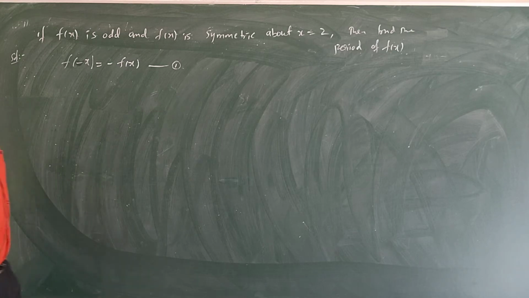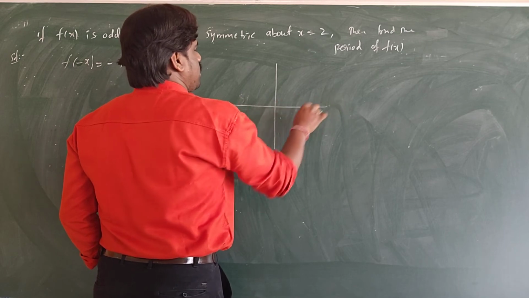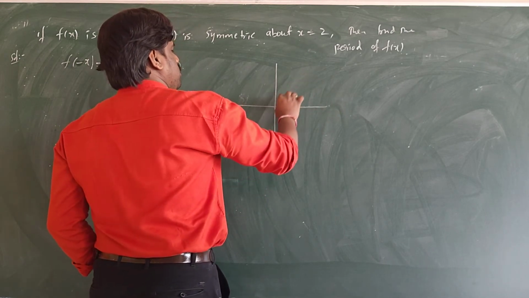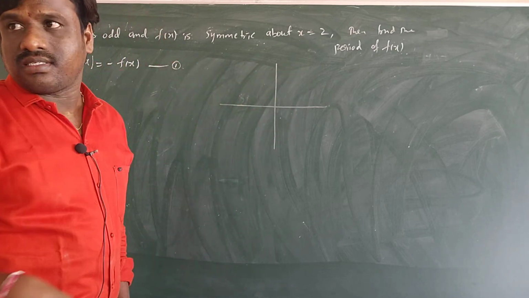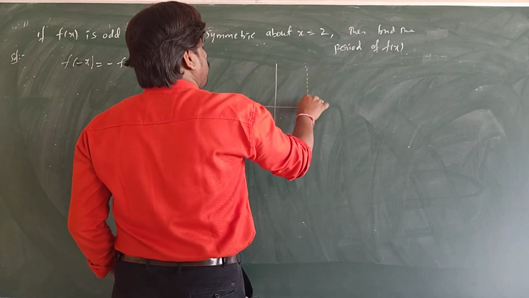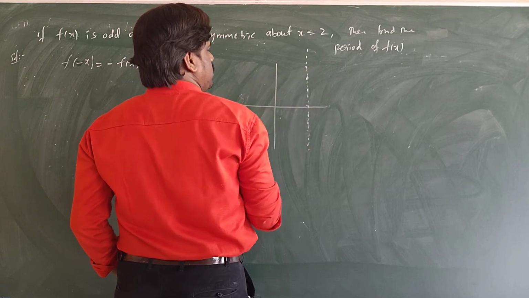Symmetric meaning what? If it is an even function, it will be symmetric about the origin; suppose the modulus function is symmetric about the y-axis. Here it is saying that the function is symmetric about the line x is equal to 2.